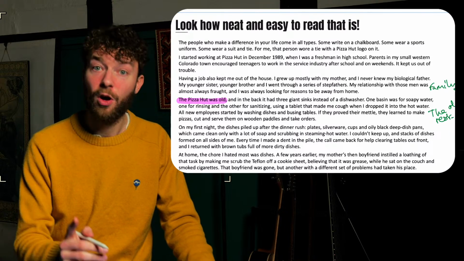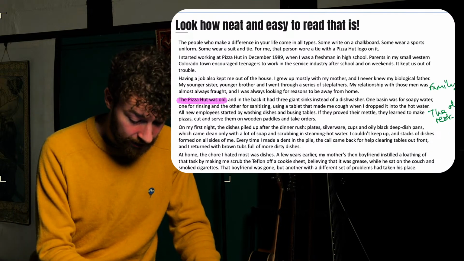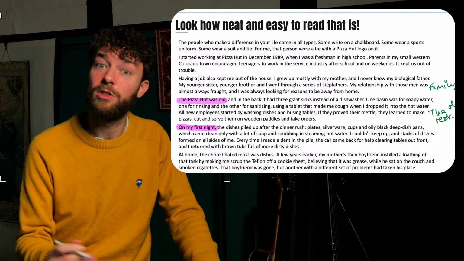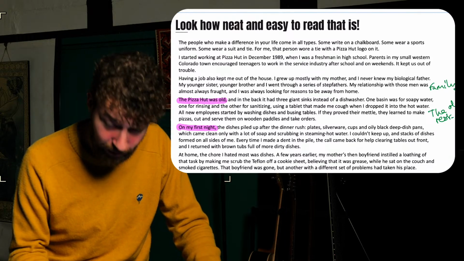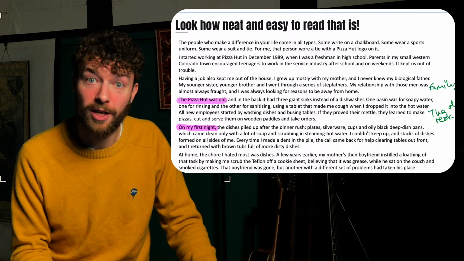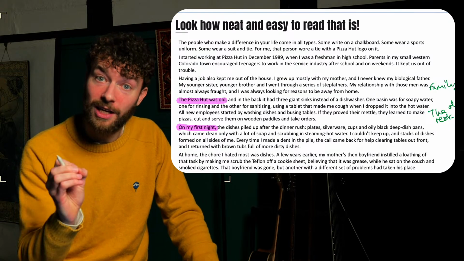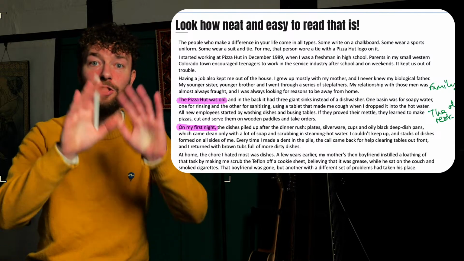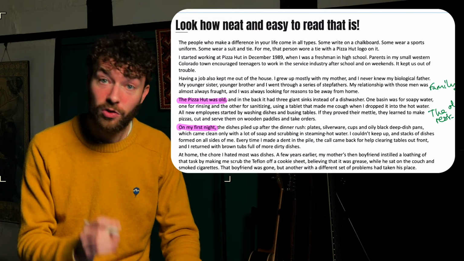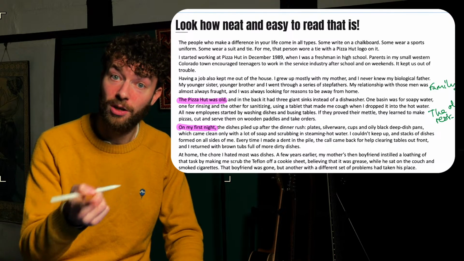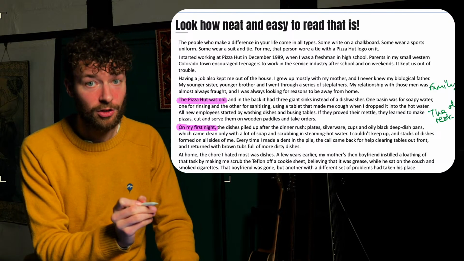The next one, on my first night. So the previous one, he was describing the old and rubbishy restaurant that he was working in, that seems like it was kind of falling apart. This one, he's talking specifically about the first night. So he's moved from a general description to a specific time. Notice that when you jump location or jump time, normally that means you start a new paragraph.